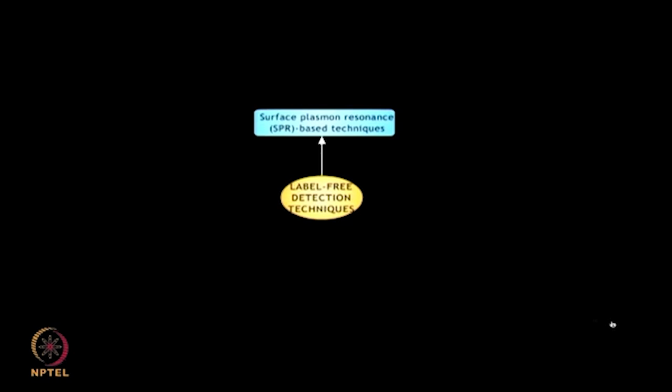First is SPR, surface plasmon resonance, which detects any change in refractive index of material at the interface between the metal surface and the ambient medium. Second, SPRI or surface plasmon resonance imaging: images reflected by polarized light at fixed angles are detected.